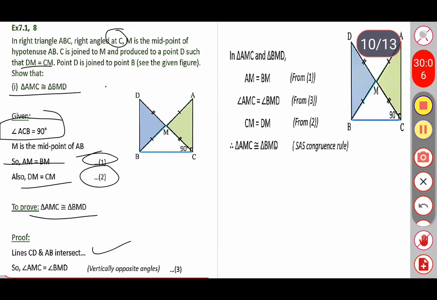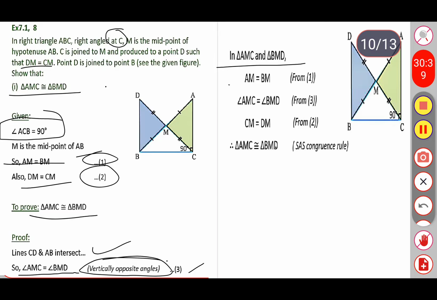In that, one pair is angle AMC, which is equal to angle BMD. The reason is vertically opposite angles. So with the help of these three equations, we can prove that the given two triangles are congruent. So consider the two triangles, triangle AMC and triangle BMD. In that, AM is equal to BM. It is already proved in equation 1.